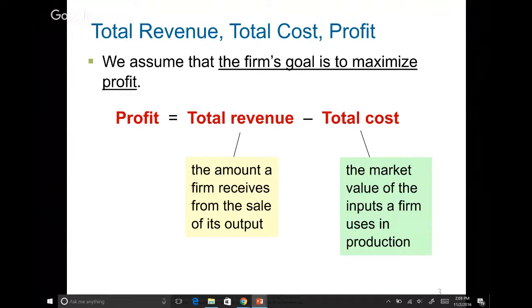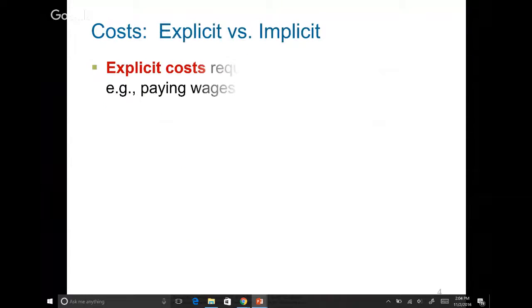And cost is how much you pay for production: labor, raw material, your rent, those are all costs. Profit is when you take your revenue and subtract your cost. The goal of every single company is to maximize profit, not revenue, nor cost. It's to maximize profit.